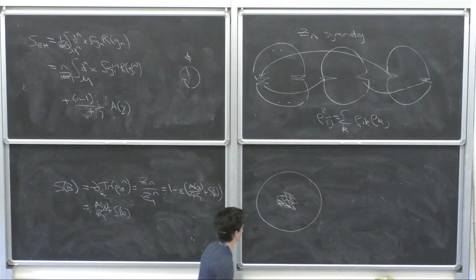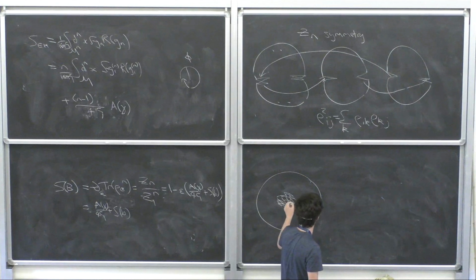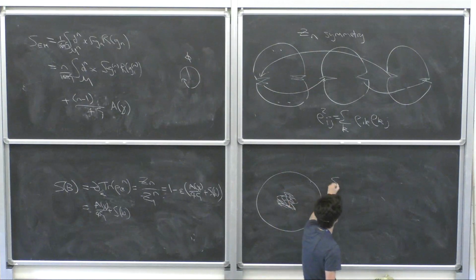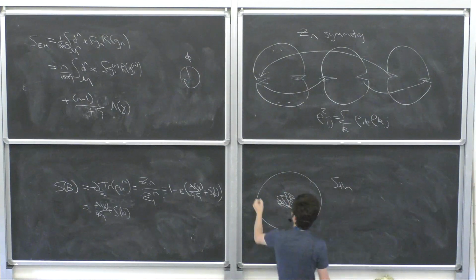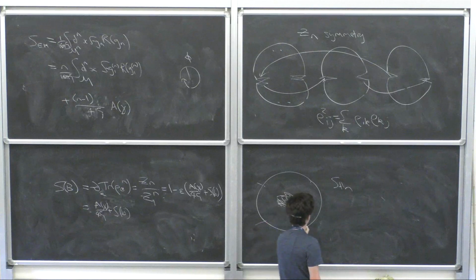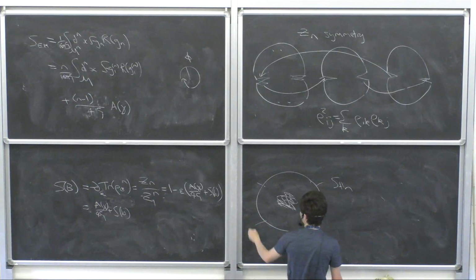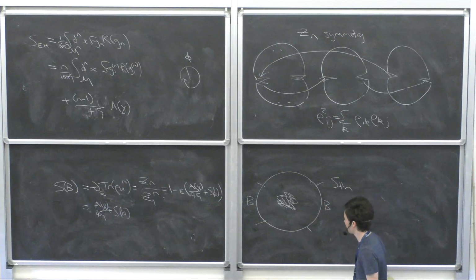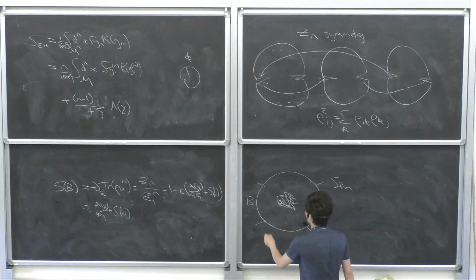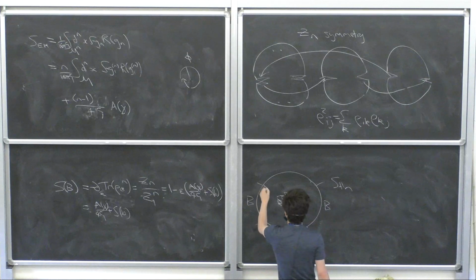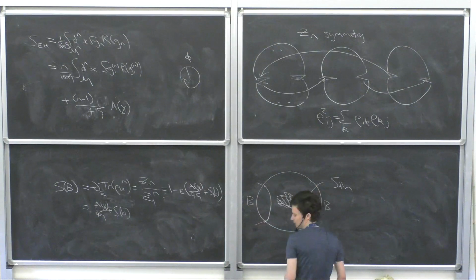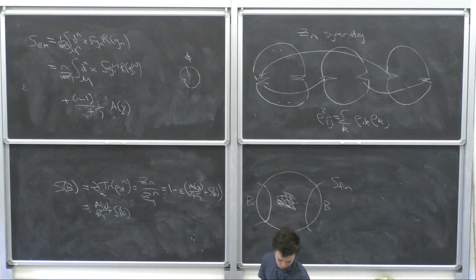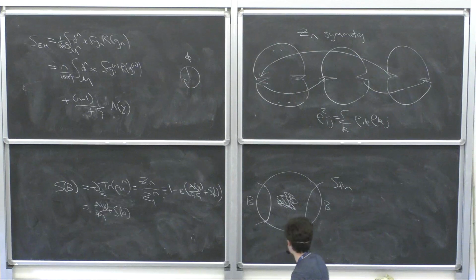So this gas, if it was in a thermal state, has some entropy, which I'll call S_TH. And then we're going to consider the entanglement entropy of some region B consisting of 2 regions on the boundary, and it's chosen such that the area of the surface that I'll call, I believe, A2.